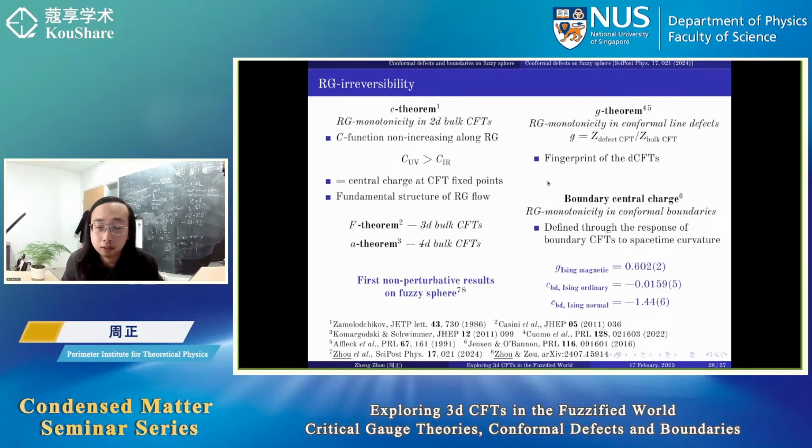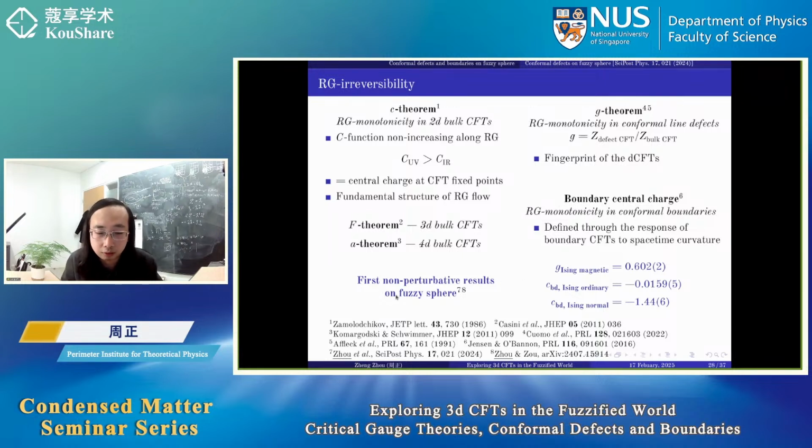And we can similarly define the boundary central charge, which is RG-monotonic in the conformal boundaries through its response to the space-time curvature. Such quantities are very important as they are fingerprints of the defect CFTs or the boundary CFTs, but they are very difficult to calculate non-perturbatively.